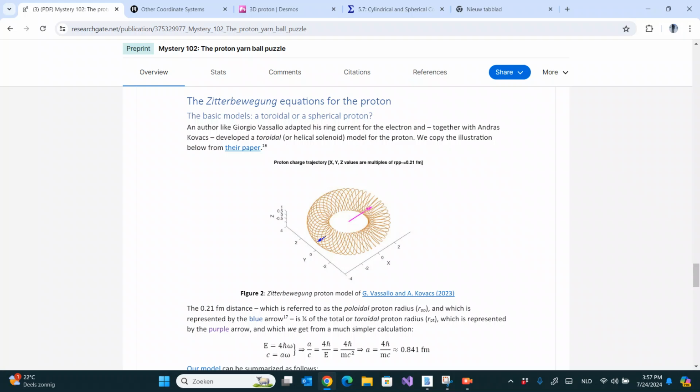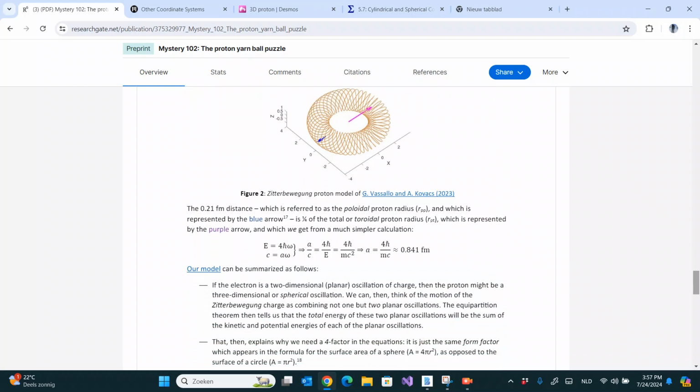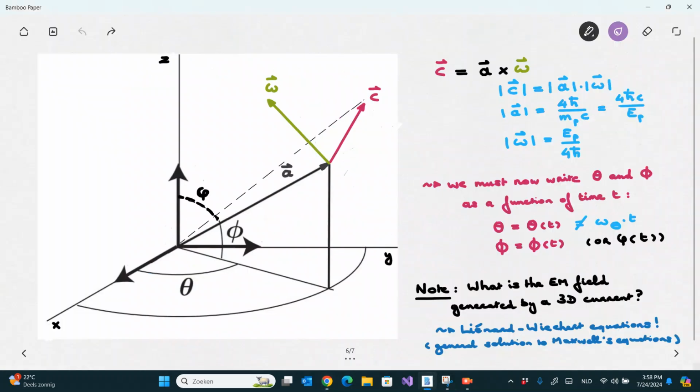Protons, neutrons, nucleons, and nuclei themselves, composed of various nucleons, seem to be spherical, and that's where I like my simple model, which I put here again, 0.841 femtometer. Yeah, it should be a spherical model, but not so easy to derive.